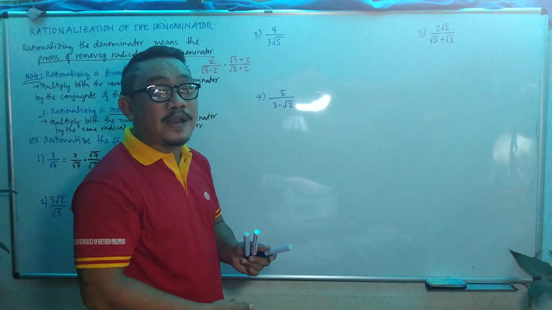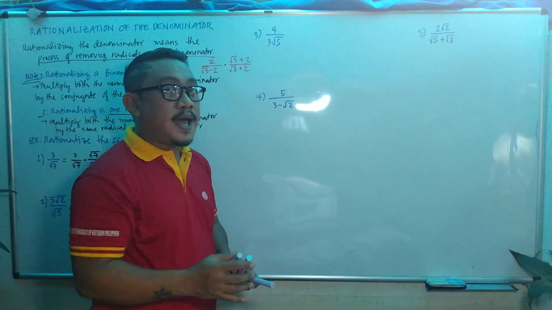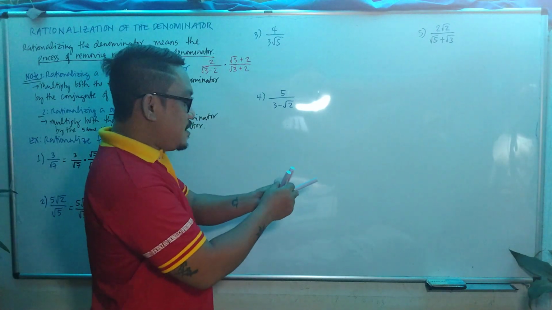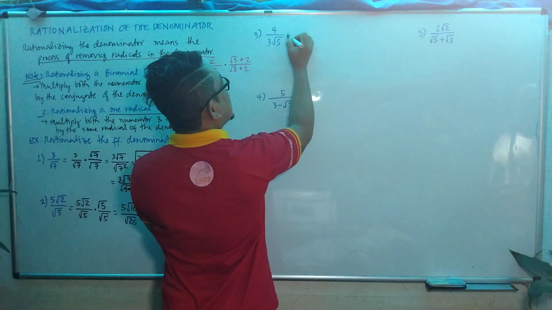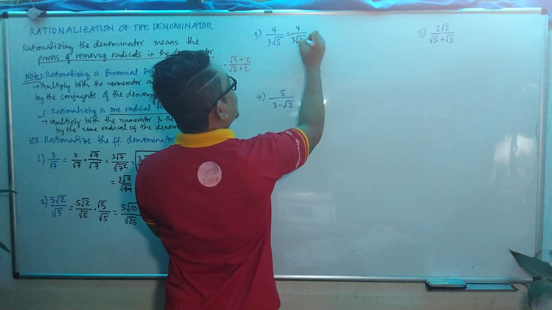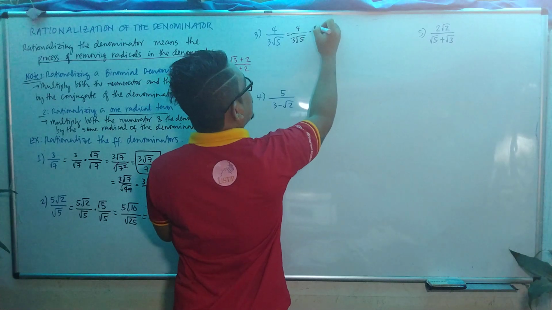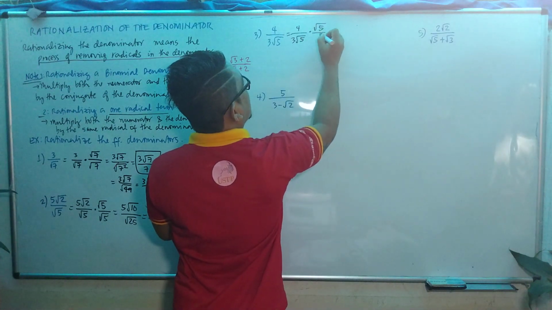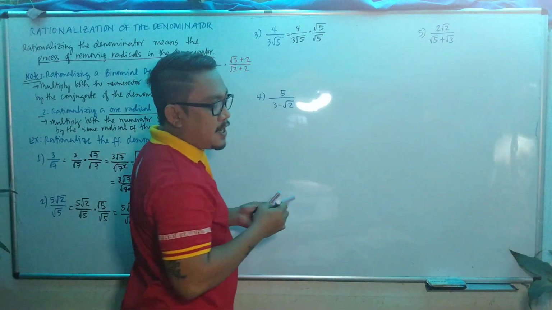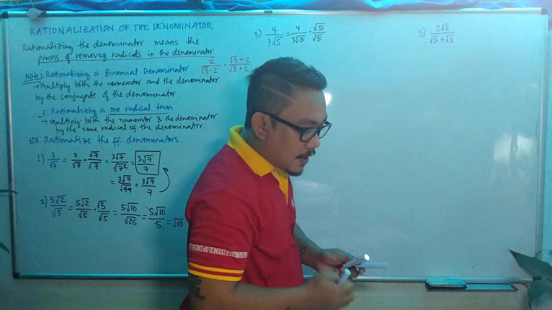So, i-multiply Japon nato both the numerator and then the denominator by the radical 5. No? So, meaning to say, you will just copy 4 over 3 square root of 5. So, we multiply the numerator by square root of 5, then the denominator by square root of 5. Okay? Kuha na to, class?